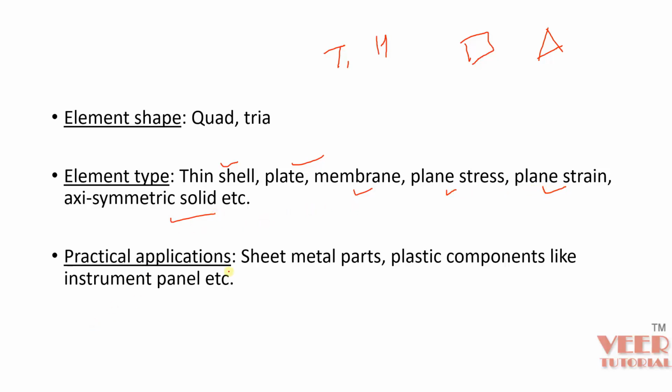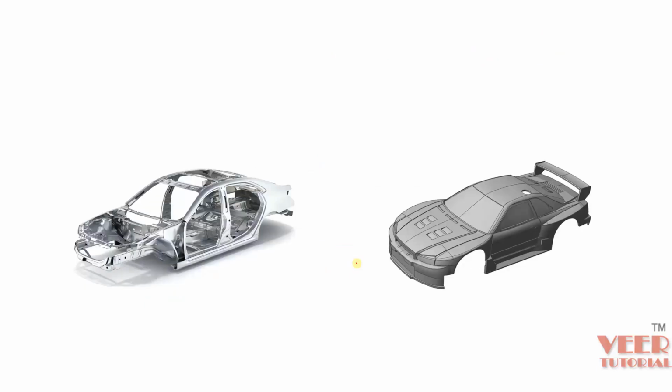Now practical application. The concept of mid-surfacing is used in sheet metal components, plastic components like instrument panels, etc. These sheet metal components include all the sheet metal parts, for example, the body of the cars. Here you can see in this example we have the BIW of an automobile car.